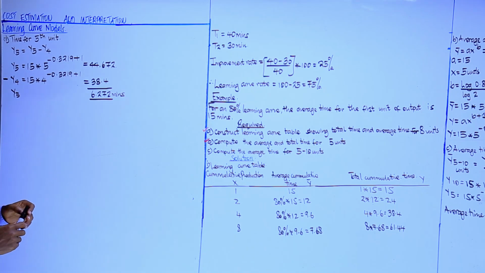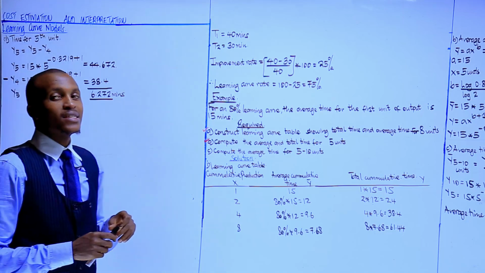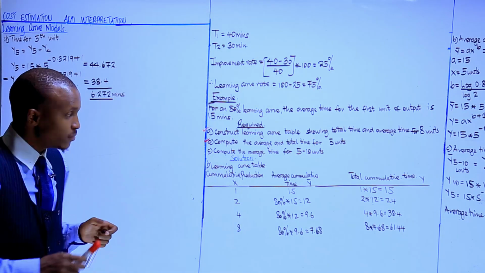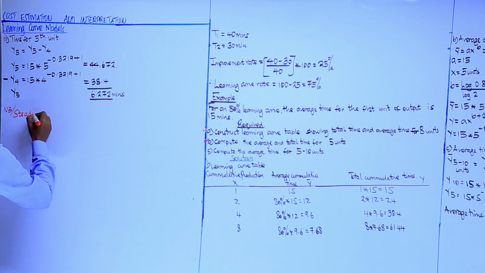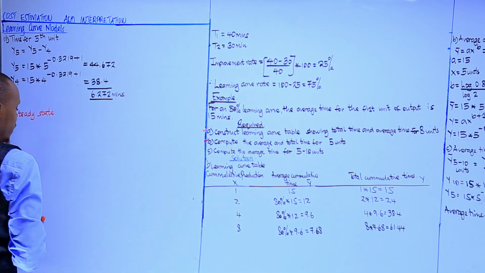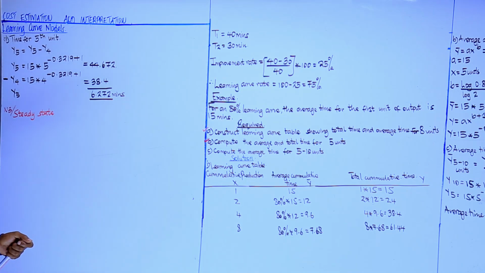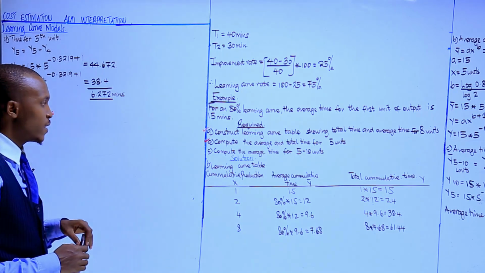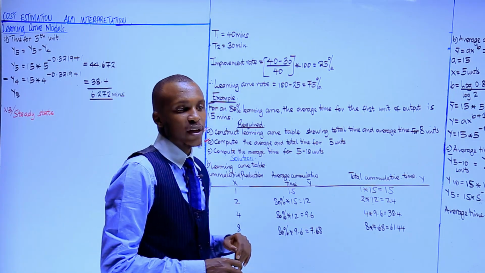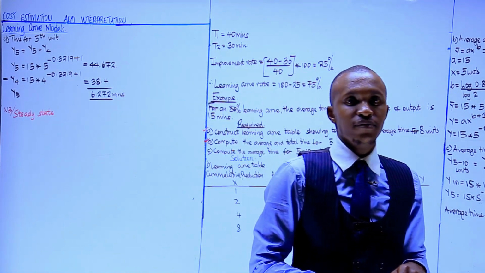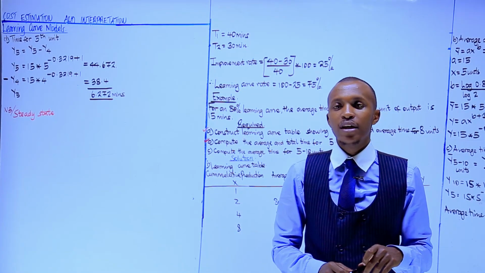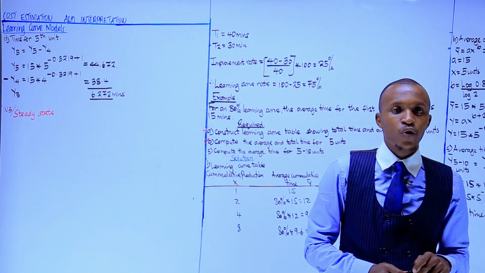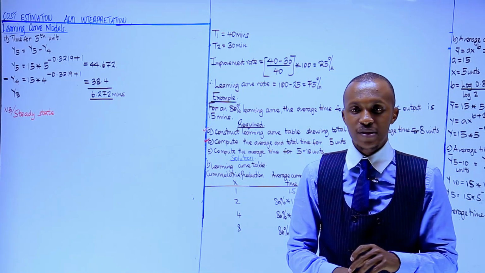Now, if they asked for the 6th unit, but they tell you that you had steady state. Steady state simply means that there is no more improvement that can be made. So you cannot take any less time, because you have now stabilized.